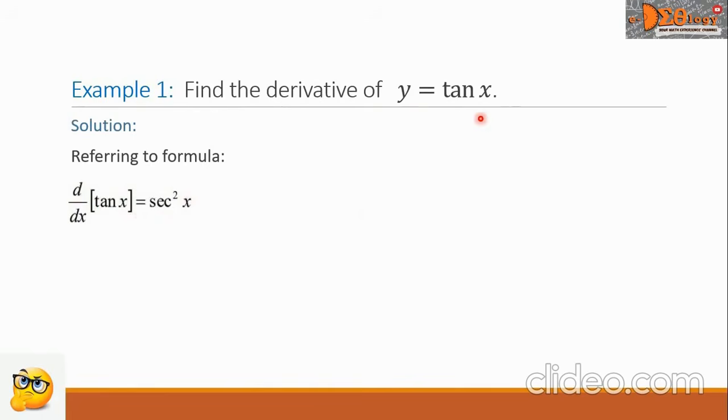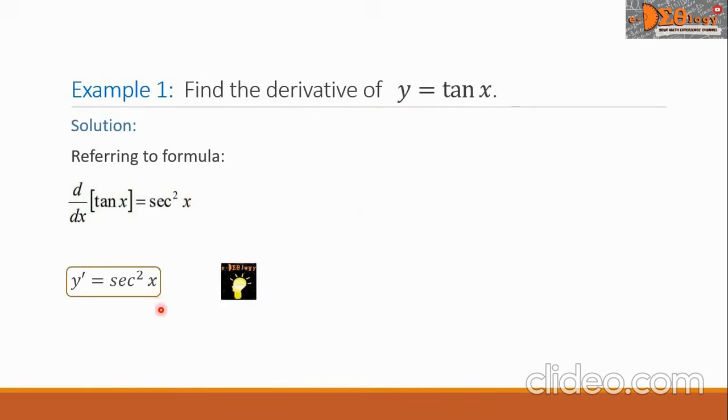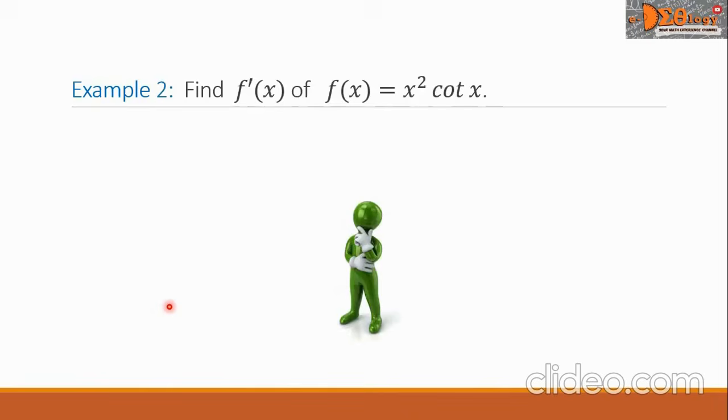Now, the derivative of this function, we are going to write here y prime equals secant squared x. This is the final answer. Example 2. Find f prime of x of f of x equals x squared cotangent x.